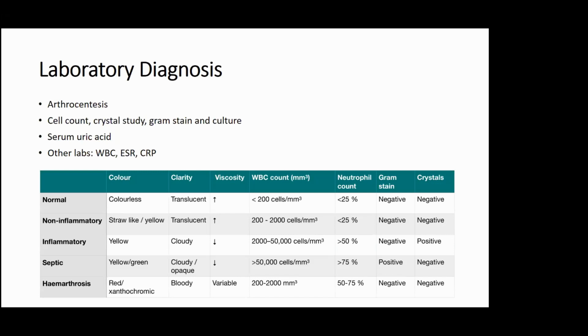The laboratory will frequently report leukocytosis ranging from 15,000 to 80,000, but some patients may be a little bit atypical. So with any synovial study with a white blood cell count above 2,000, we still need to be careful about inflammatory arthritis.